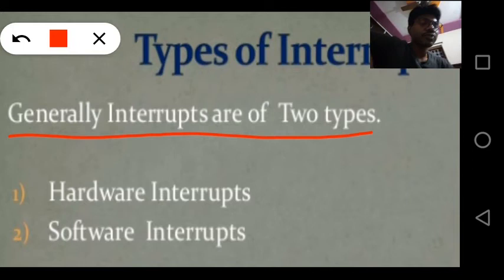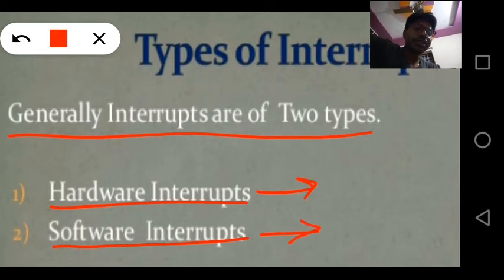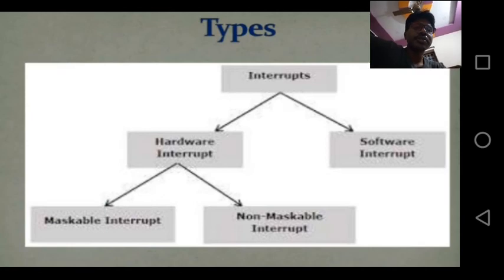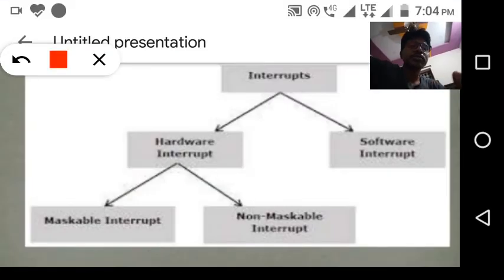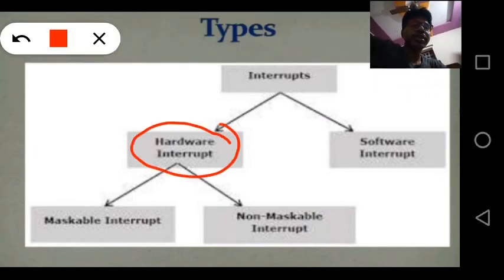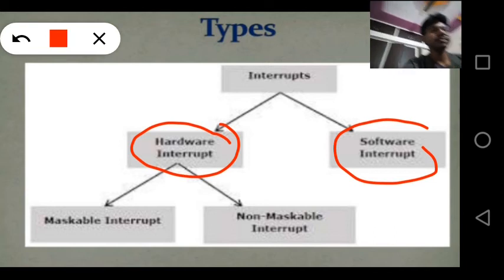Generally, the interrupts are of two types. One is hardware interrupts and the other is software interrupts.